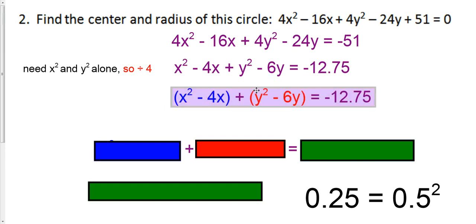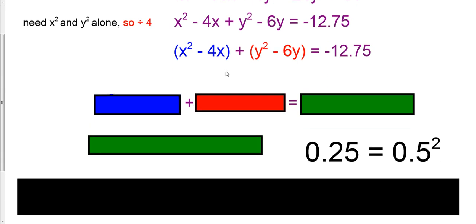Now, like before, we'll group our x pieces together and our y pieces together. It looks like that. When we're completing the square, taking half of this, so negative 2, square that, so negative 2 times negative 2, positive 4, plus 4 right here. Same thing with this piece. We're taking half of negative 6, which would be negative 3.